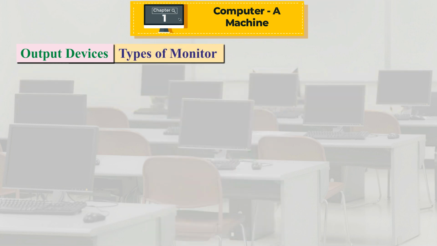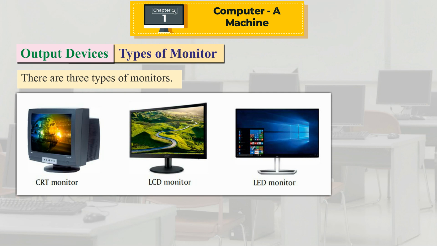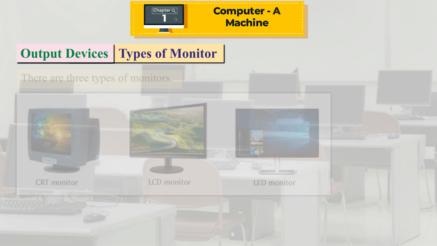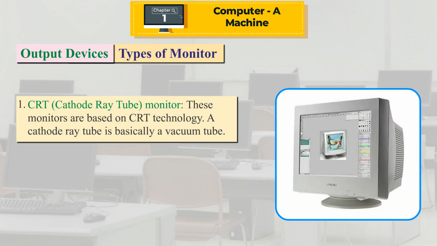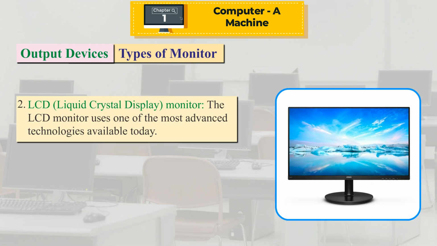Types of monitor. There are 3 types of monitors. 1. CRT, cathode ray tube monitor. These monitors are based on CRT technology. A cathode ray tube is basically a vacuum tube. 2. LCD, liquid crystal display monitor.